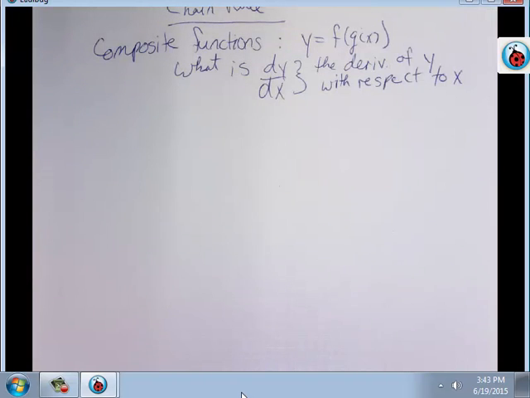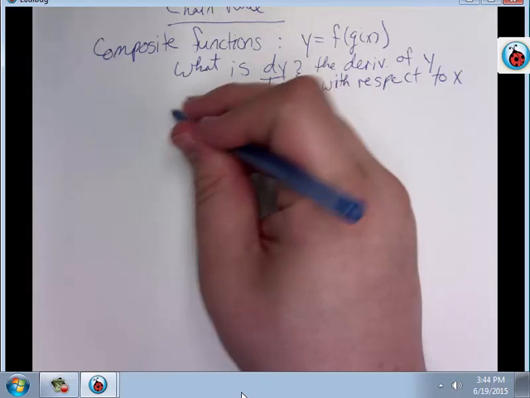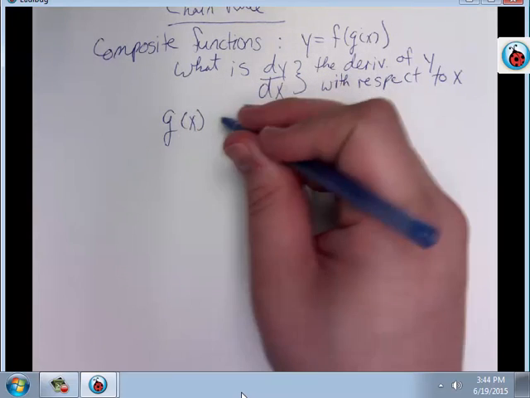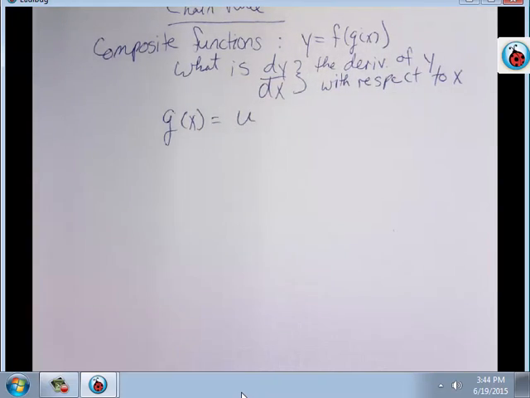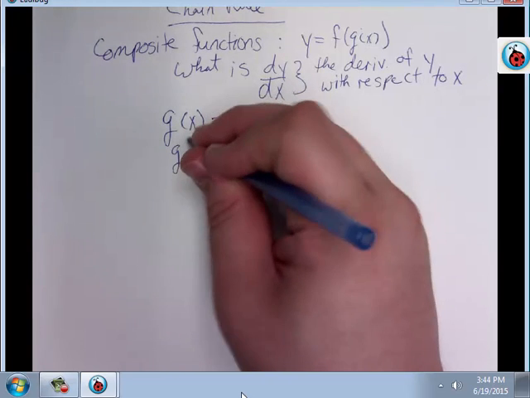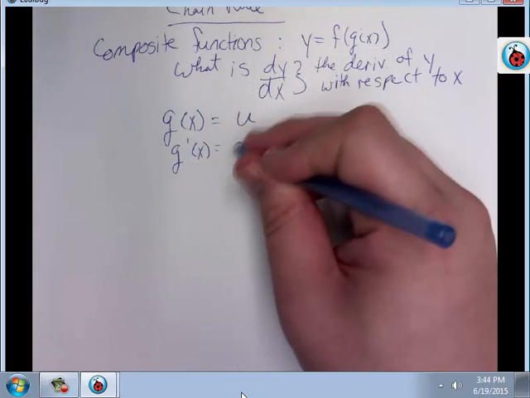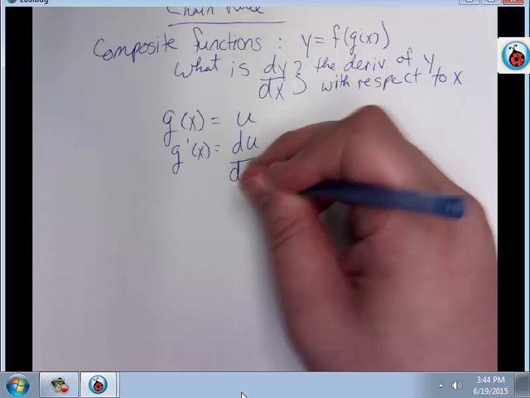So let's say when we find g of x, we get a result to be u. Alright, just a generic result. g prime of x basically would be whatever the derivative of u is.